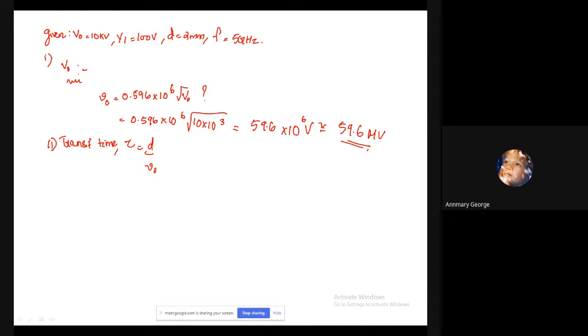That is 2 into 10 raised to minus 3 by 59.6 into 10 raised to 6. It is 3.355 into 10 raised to minus 11 seconds. This is the answer for transit time. Have you completed this much?